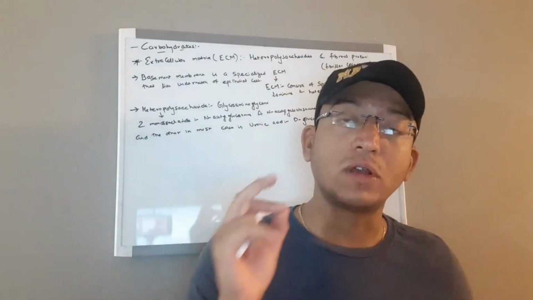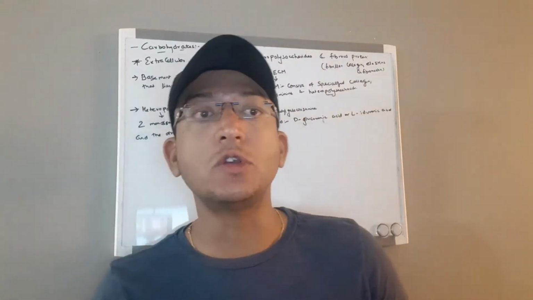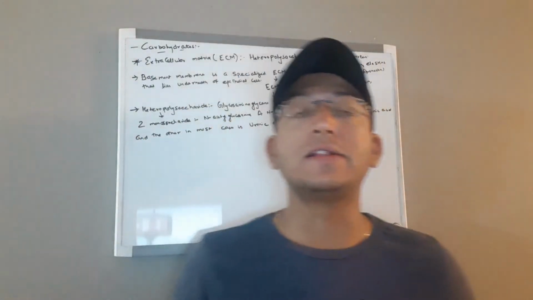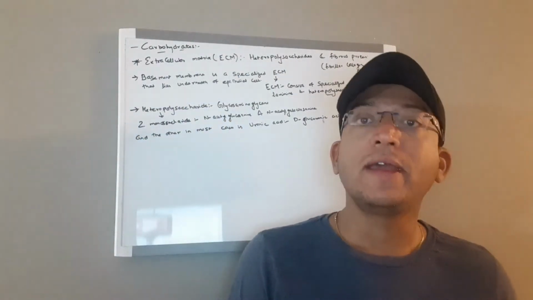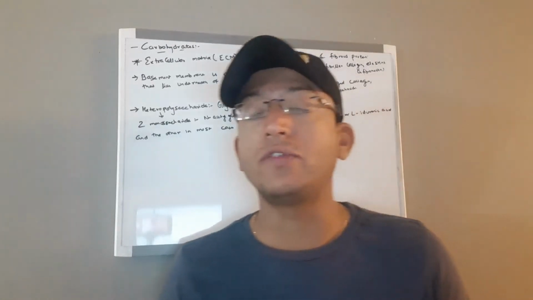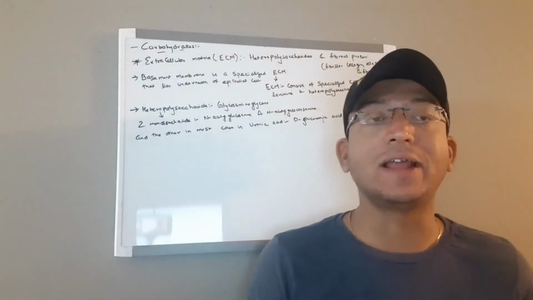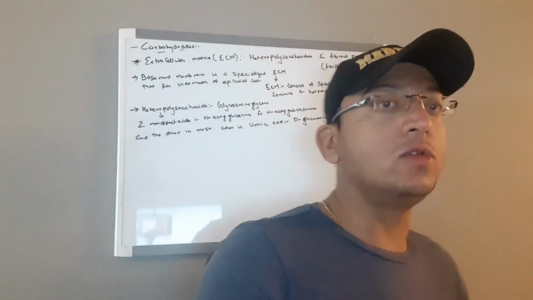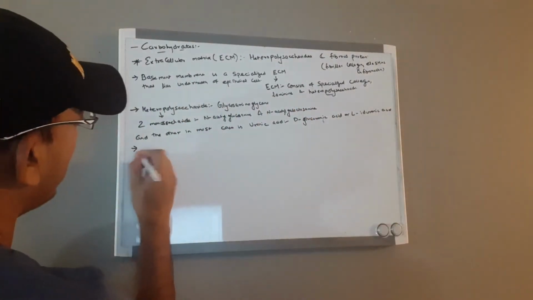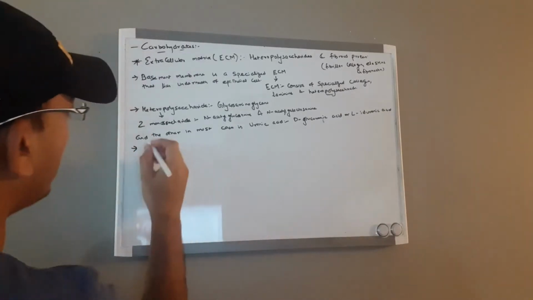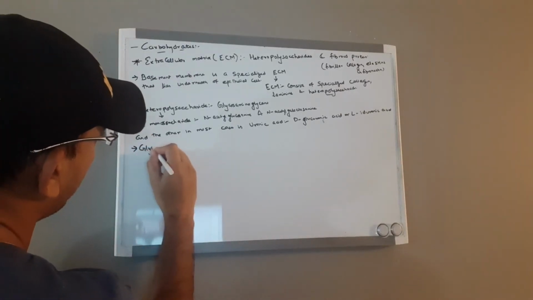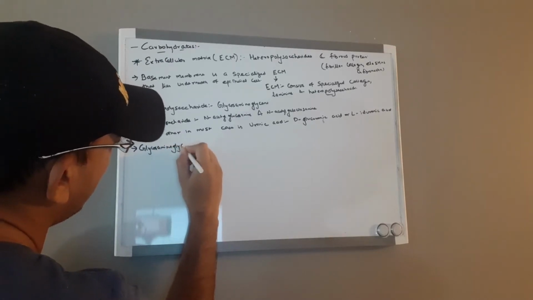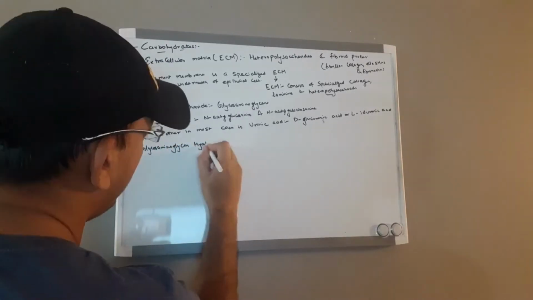And it forms a clear, highly viscous, non-compressible solution that serves as a lubricant in the synovial fluid of joints and gives the vitreous humor of the vertebrate eye its jelly-like consistency, right? So we'll write the uses of the glycosaminoglycan.